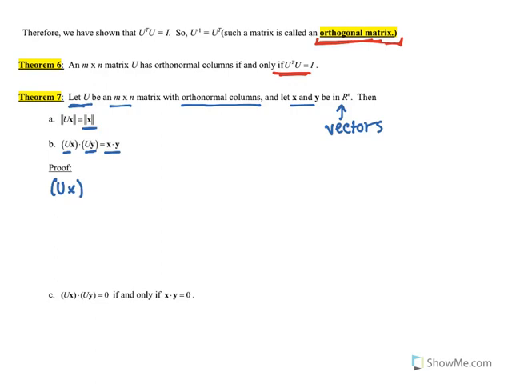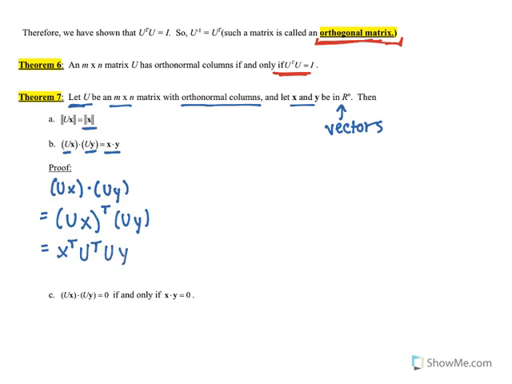Okay, start from the beginning. U times x dotted with U times y. By definition of dot product, this is the same as (Ux) transpose times Uy. Okay, and by definition of transpose, who remembers? Hopefully everybody. This will be x transpose times U transpose times U times y.